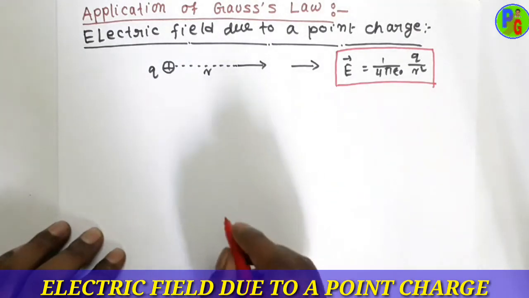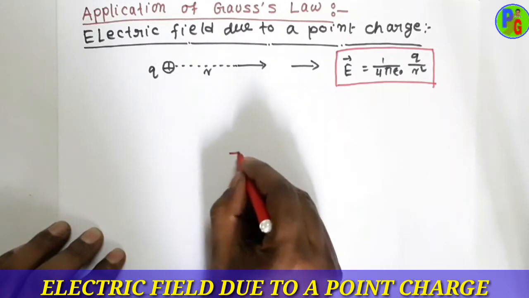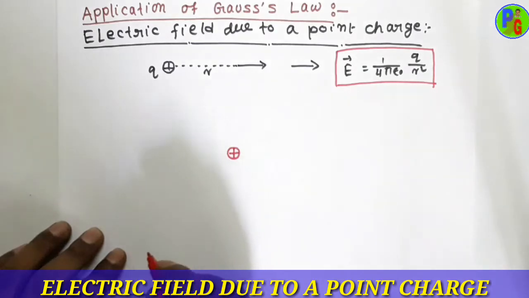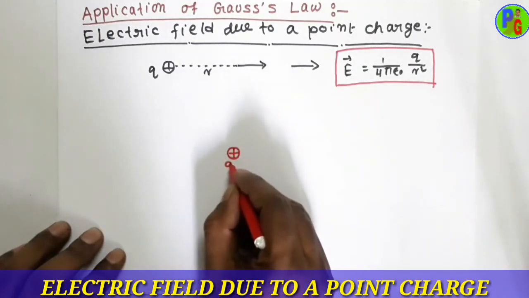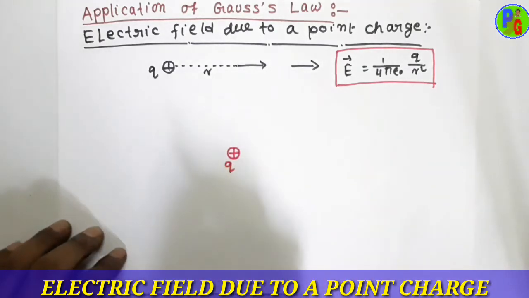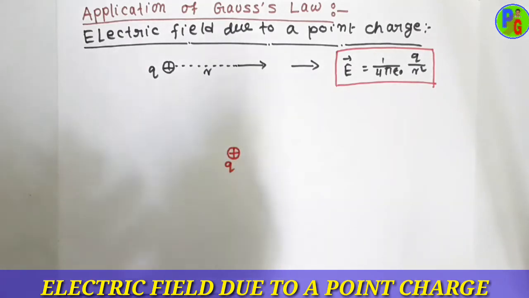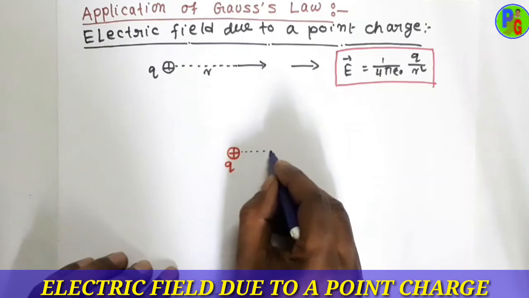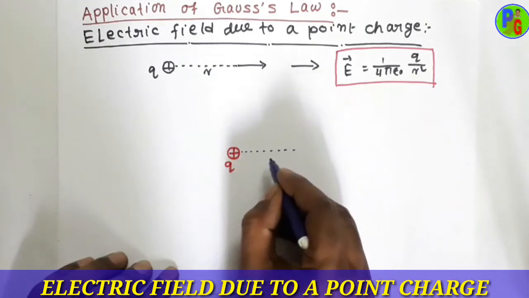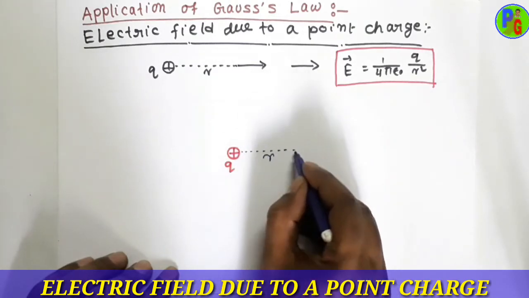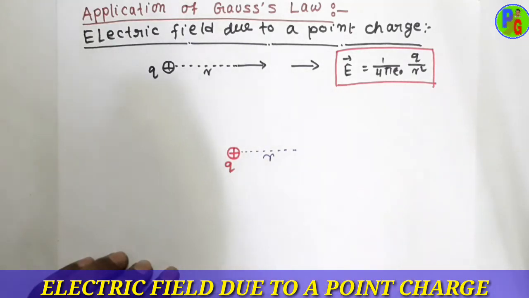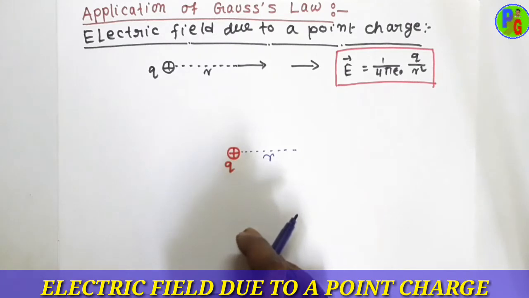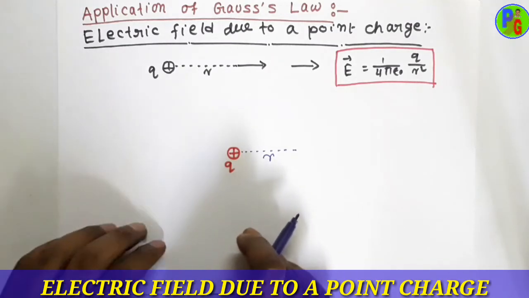For this I have to first draw a point charge. So let this be our point charge Q, due to which we have to find the electric field. Now let the electric field be found at a distance R from the charge. Now what you have to do is draw a surface which is called a Gaussian surface.